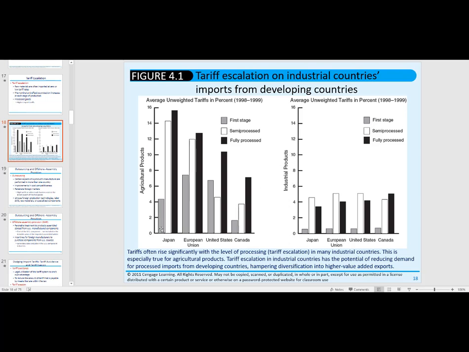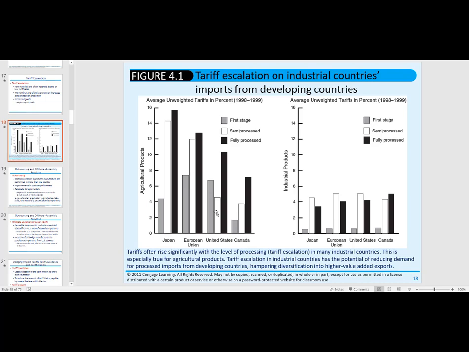So let's look at these bars. These bars show the average tariff per type of good, and these types are discriminated according to their level of processing. So first stage goods, which have minimal processing, as you can see, typically are taxed lower than semi-processed goods, the white bar, and fully processed agricultural goods.